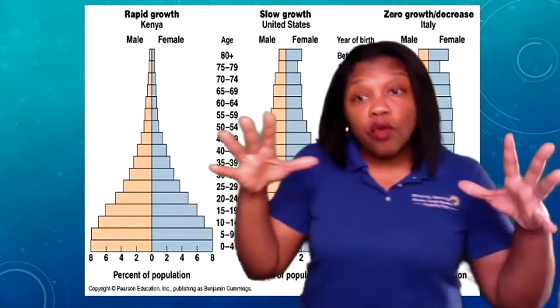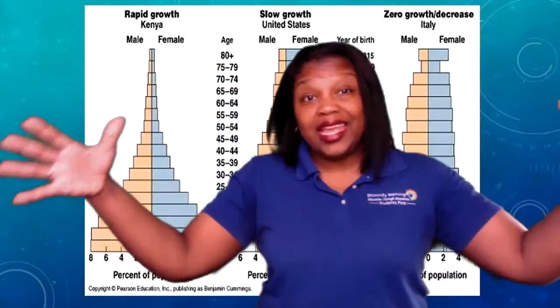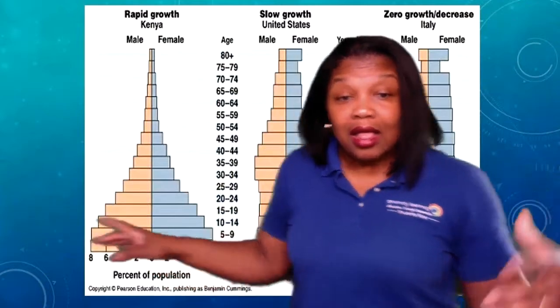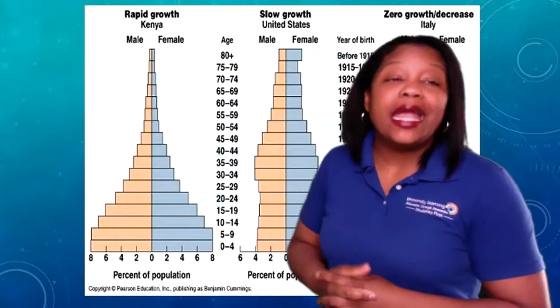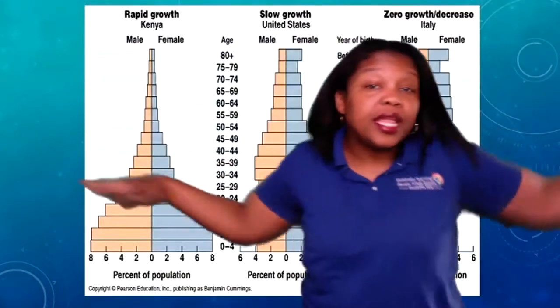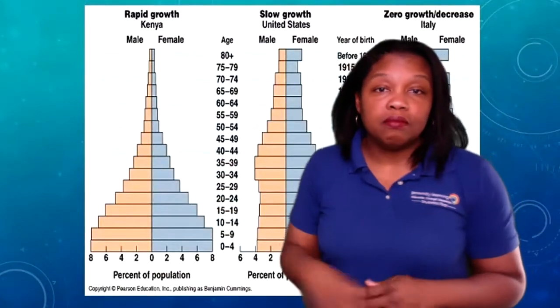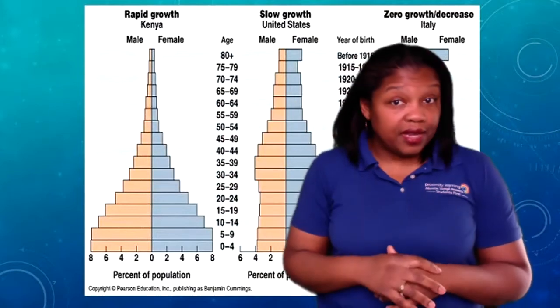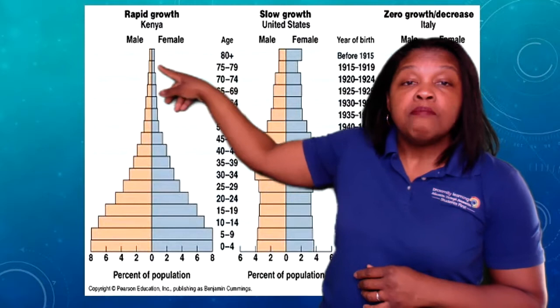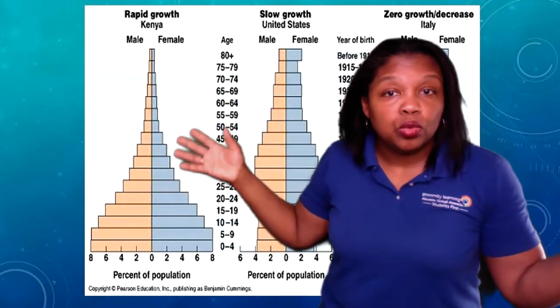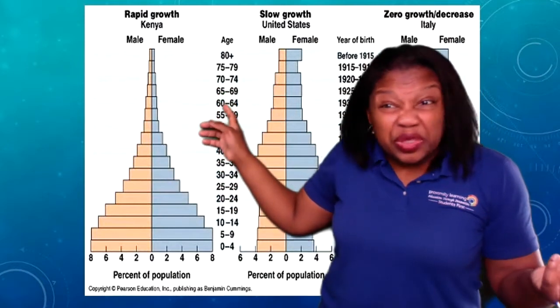So if I grabbed 100 people in Kenya, less than 2 of them, maybe 1, would be 80 years old. Out of the 100 people that I grab, only 1 might be 80. 1 might be in their 70s, or maybe I'll say 2, because this is 70 to 79. Maybe 2. Maybe 2 in their 60s.